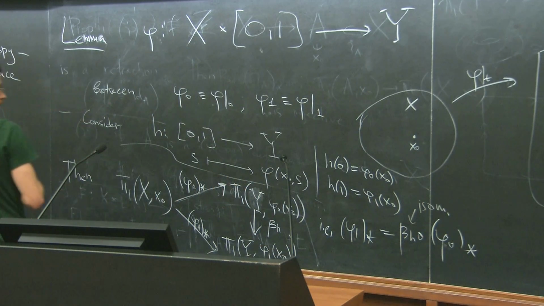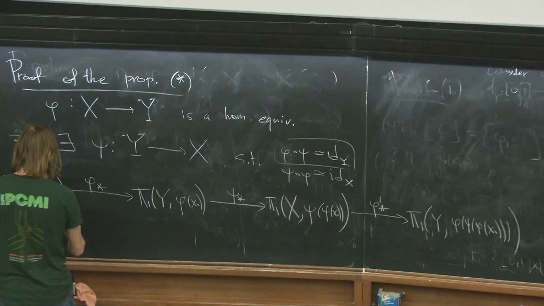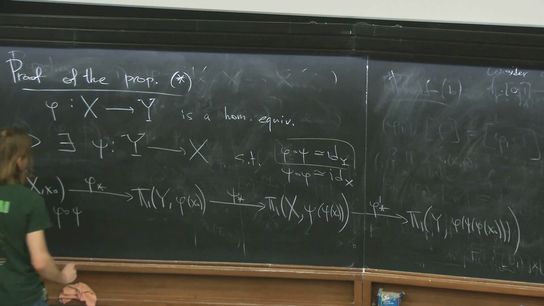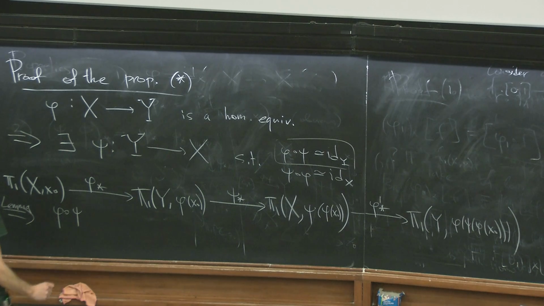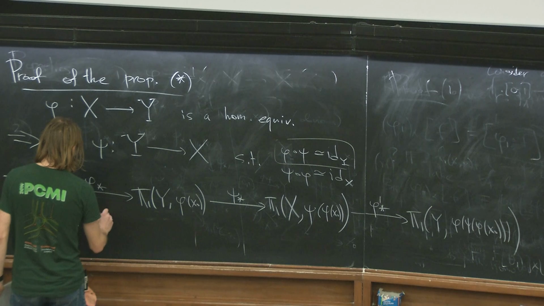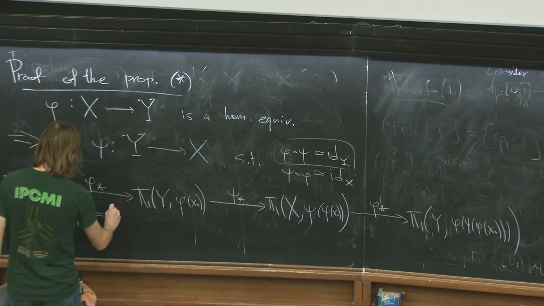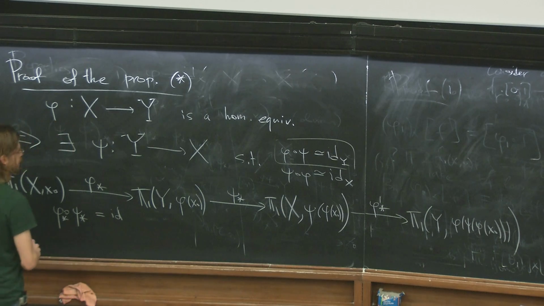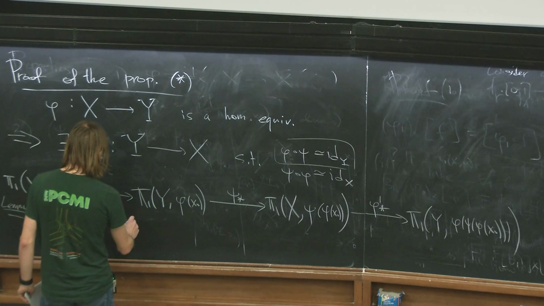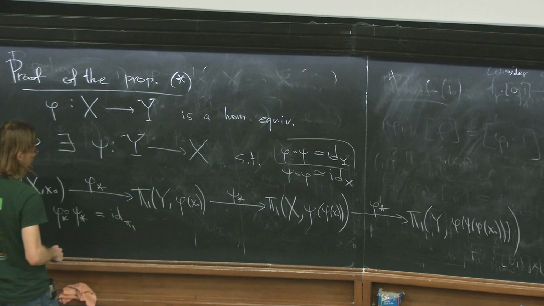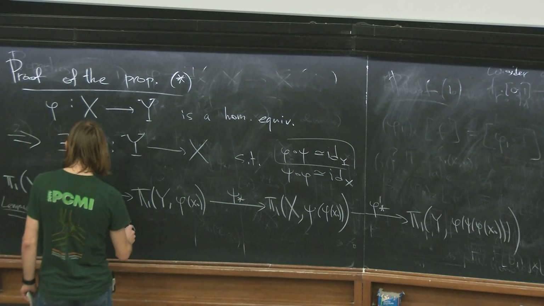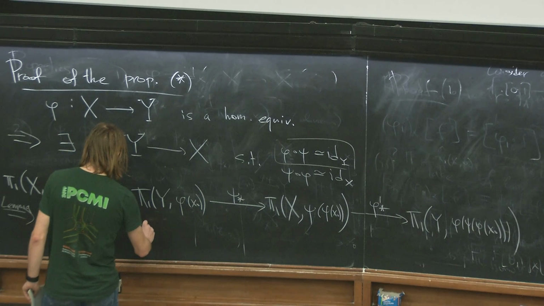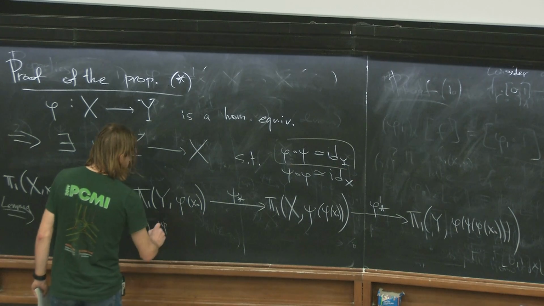Right? So using the lemma, this composition of the corresponding push forwards is the identity on pi 1 of y up to an isomorphism.